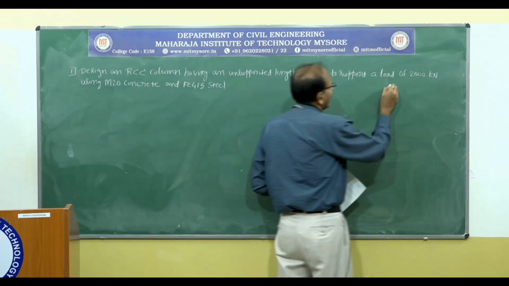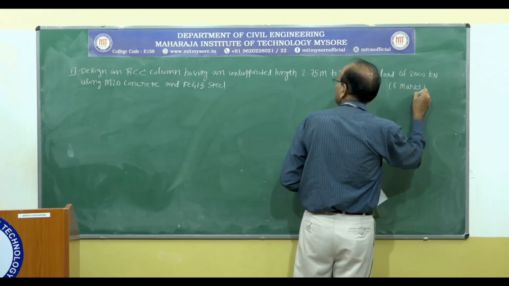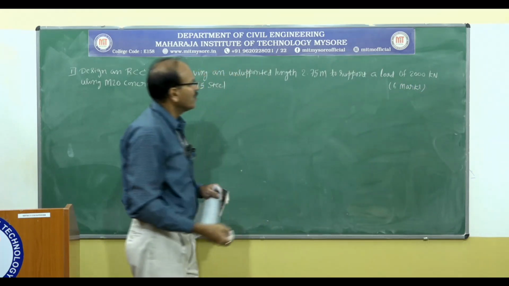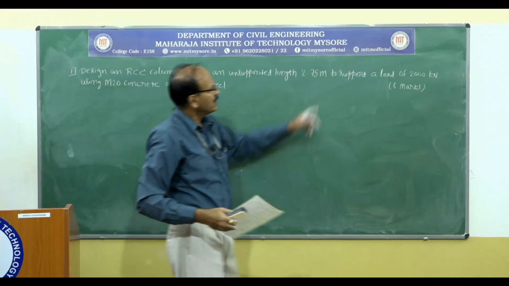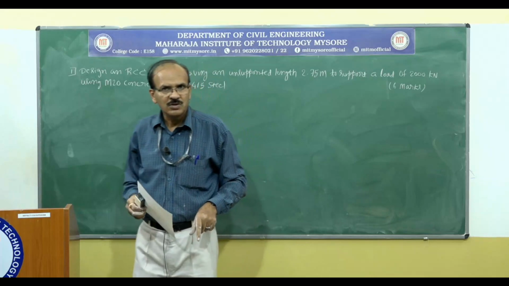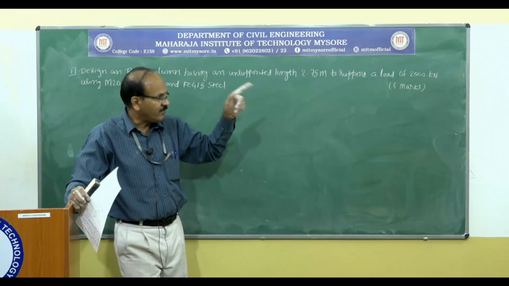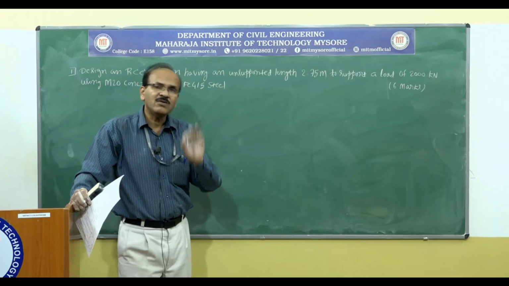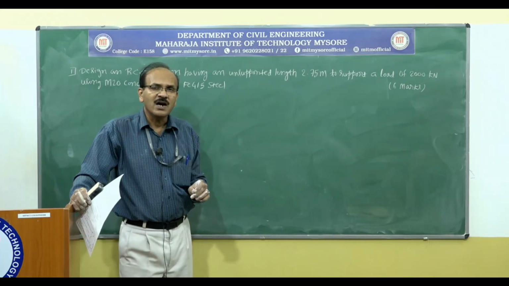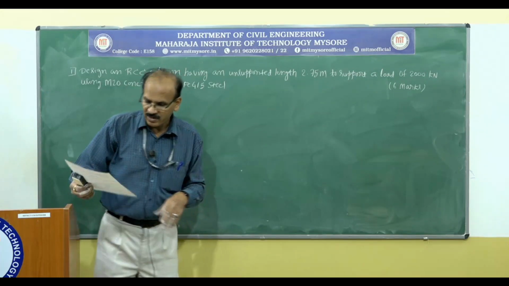So this question carried 6 marks. Okay. So here, to support a load of 2000 kilonewton, that is the service load. So to arrive at design load, you need to multiply that value of 2000 kilonewton by a load factor, and the value of that is 1.5. Okay.